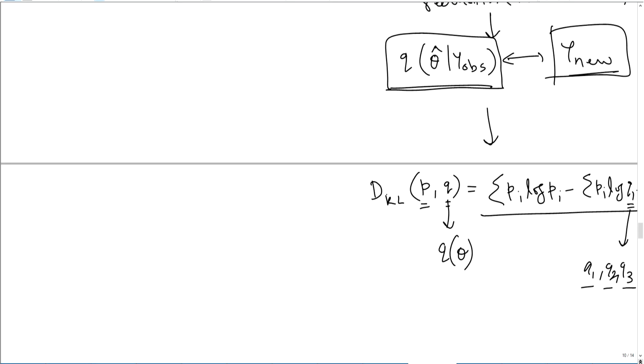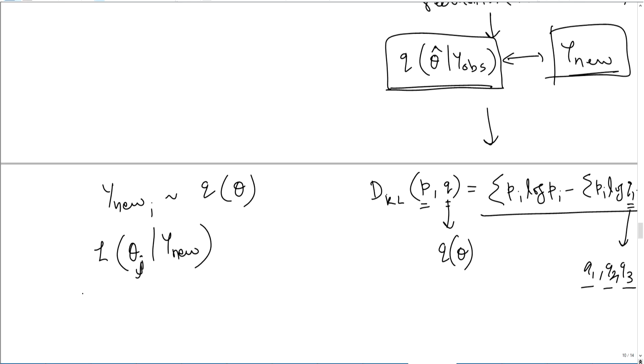For example, let's say your new data is assumed to come from Q of theta. Then you can compute the likelihood for each particular value of theta, let's say theta j, given this new data y new.